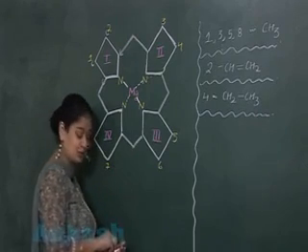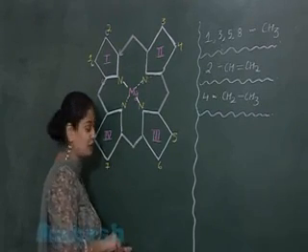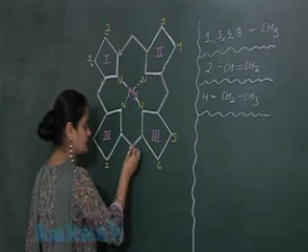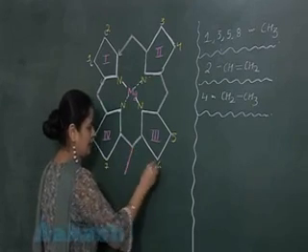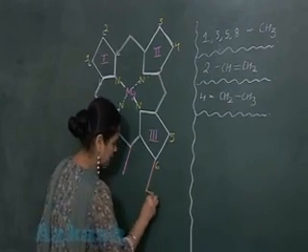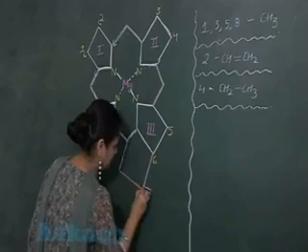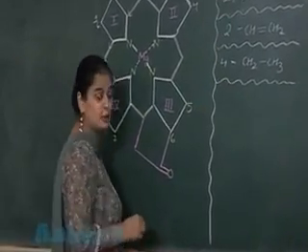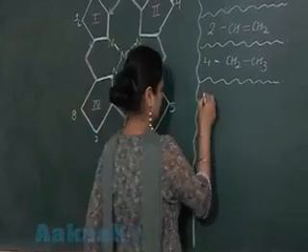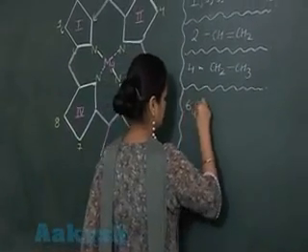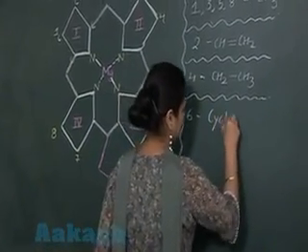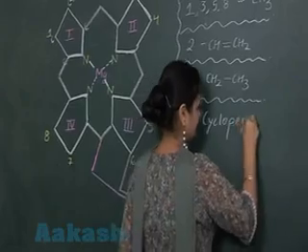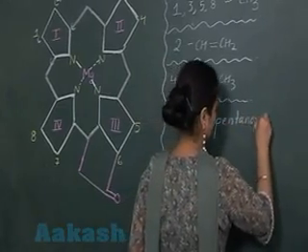At the sixth position, now there is formation of the another ring structure. यहाँ पर एक और ring structure form होगा, and this ring which is formed here is a cyclopentanone ring. At the sixth position, there is formation of cyclopentanone ring.